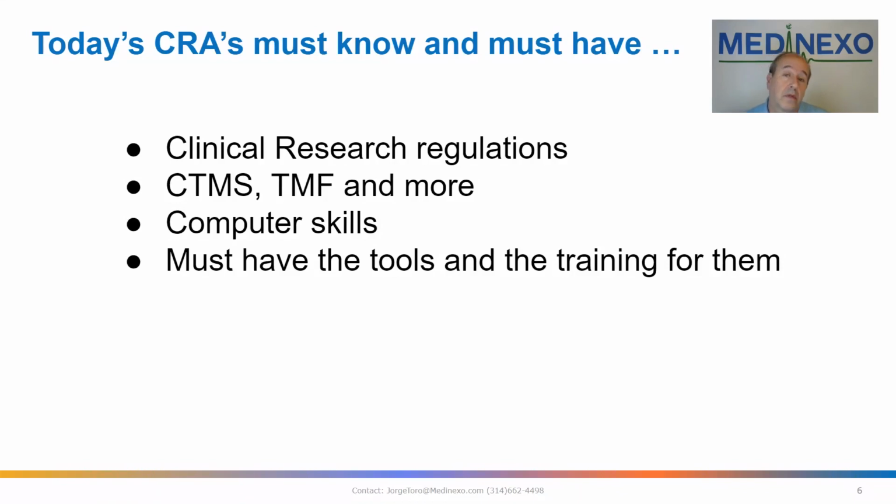And for that, the CRA must be trained. So if the CRA is not trained on the tools, guess what you're going to have? A slow start, because slow starts are related to starting the jobs of preparation during trials as opposed to before trials. So a slow start could be a result. They must have the tools and the training for the tools.